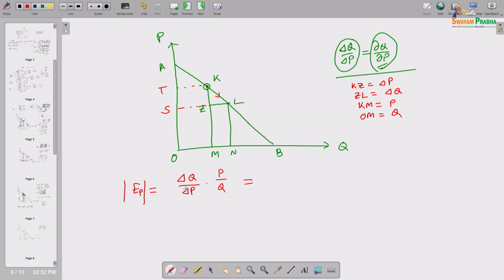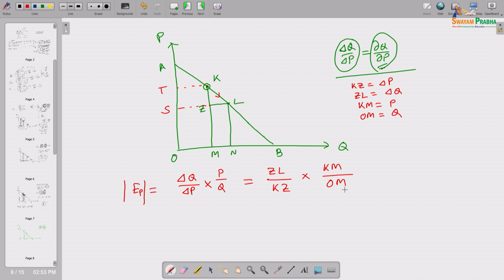Now, instead of del Q by del P, I am writing del Q is basically ZL, del P is basically KZ, and into P by Q, P is basically KM and Q is OM, right.